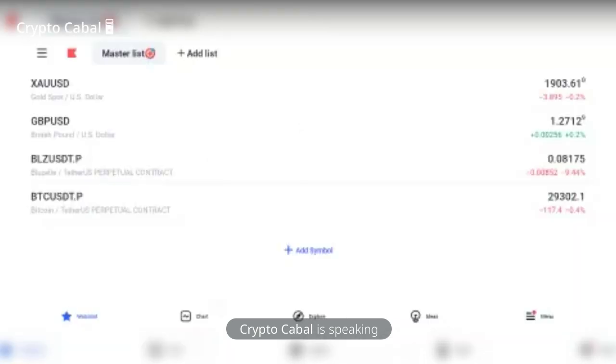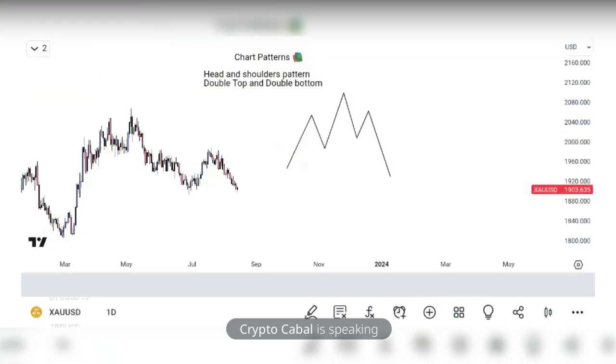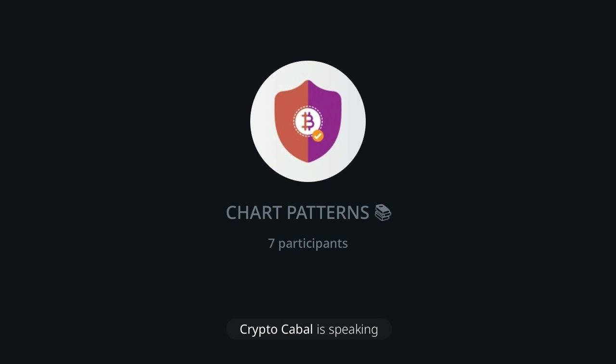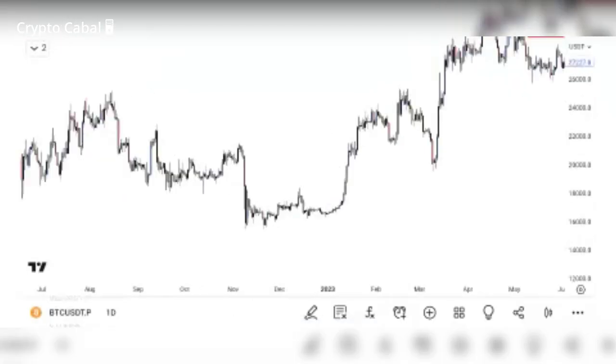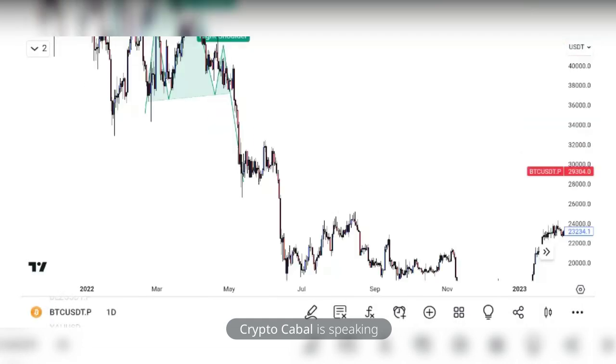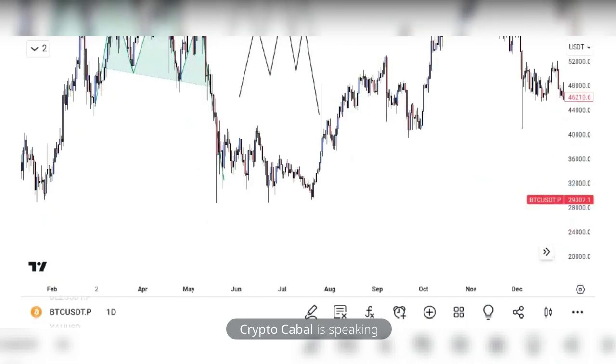So quickly, let me show you an example of the inverse head and shoulder pattern. It's always on our charts. Let me look for something very nice.